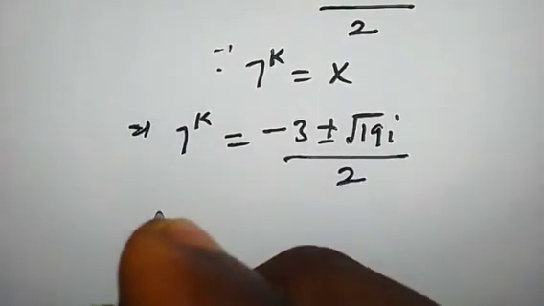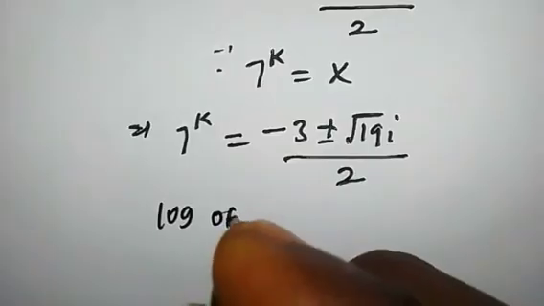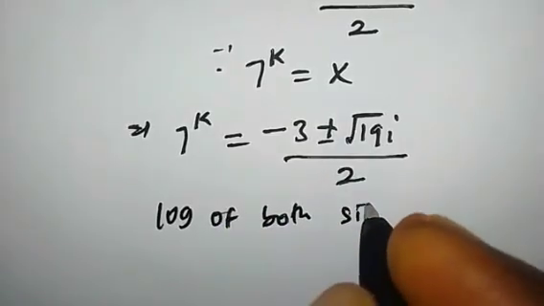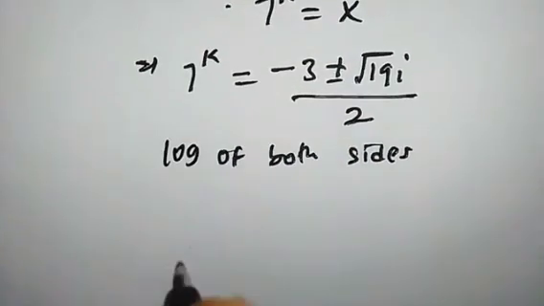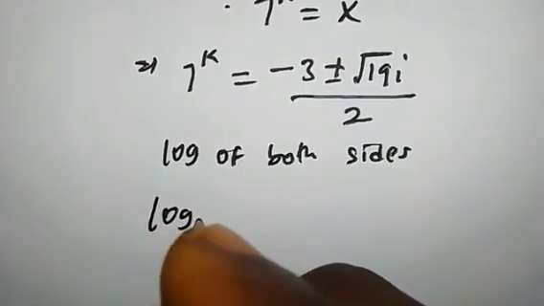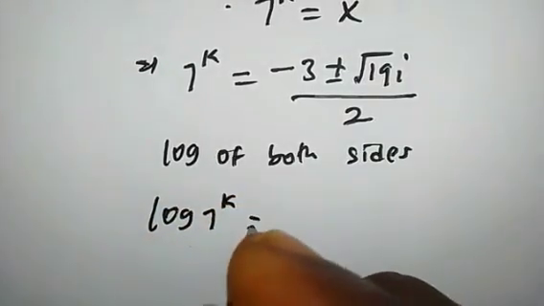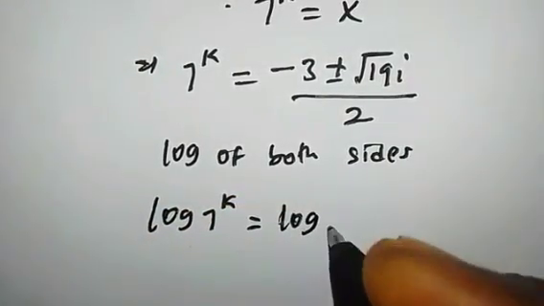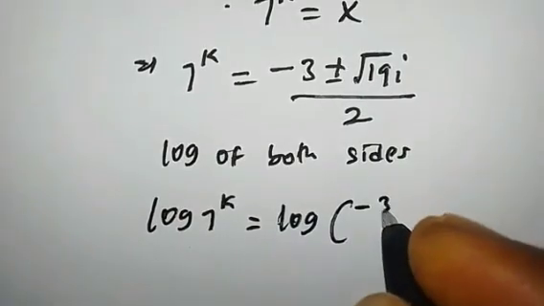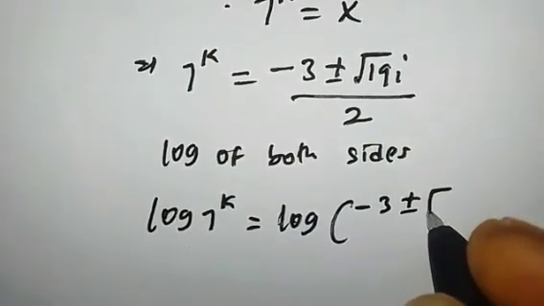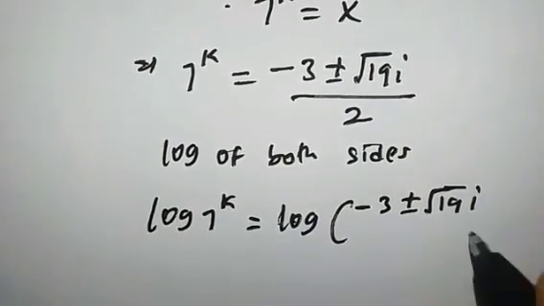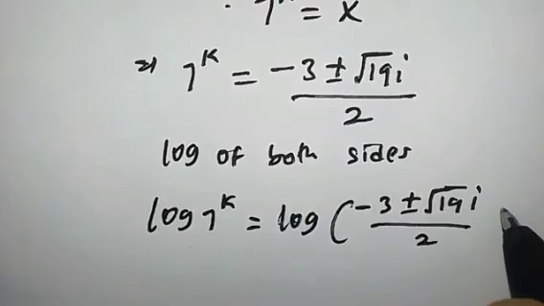Similarly, we take log of both sides. So we have log 7 to the power of k equal to natural log of minus 3 plus or minus square root of 19i divided by 2.